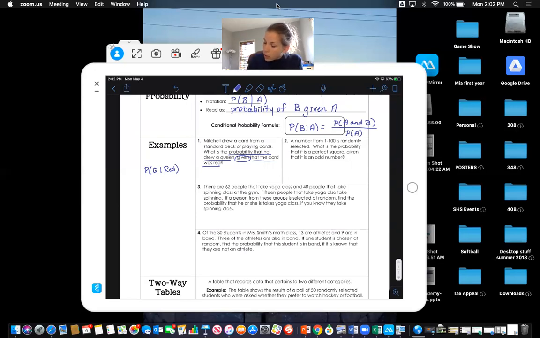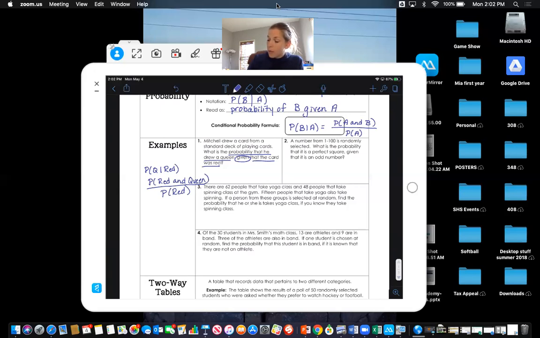So what we're going to do is look at the probability of it being red and a queen, all over the probability of it being red. Red and queen. And means multiply.